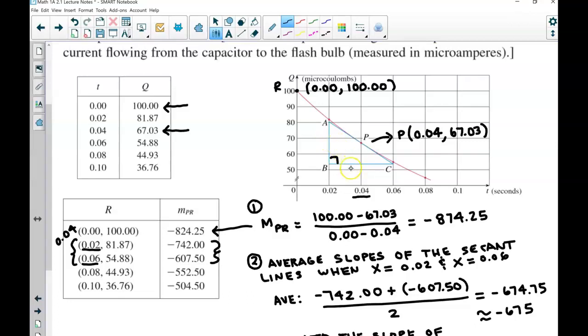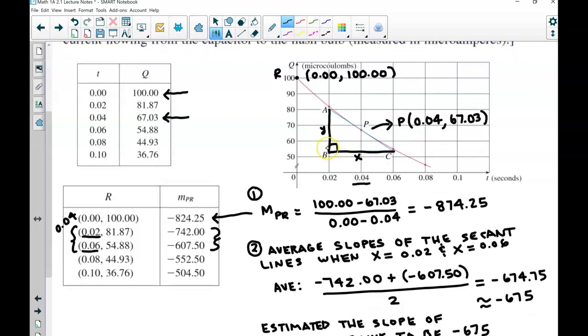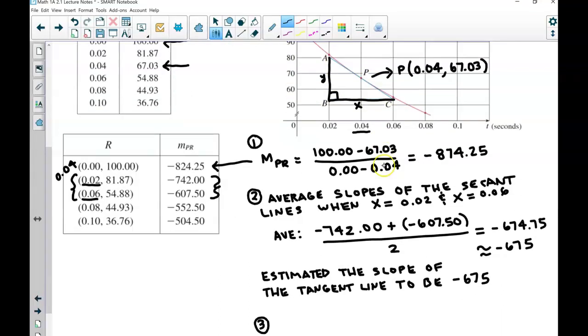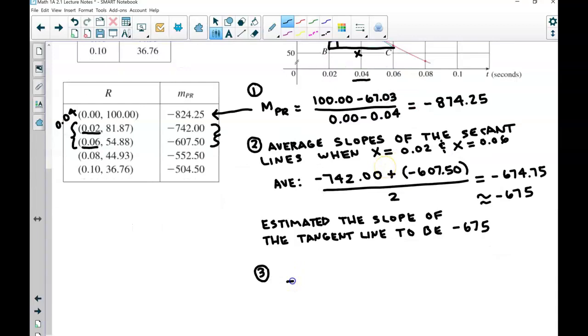Y over X. So we're going to look at the side AB and then the side BC. Again, this represents our Y, when we're talking about the definition of tangent, over X. So what do we know? Well, we know that since this is going down, the slope is going to have to be negative.